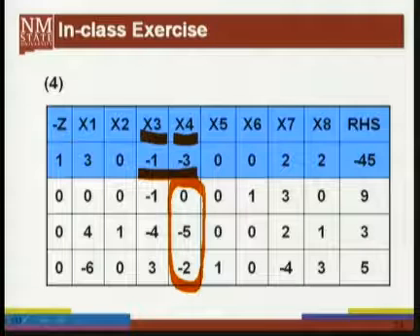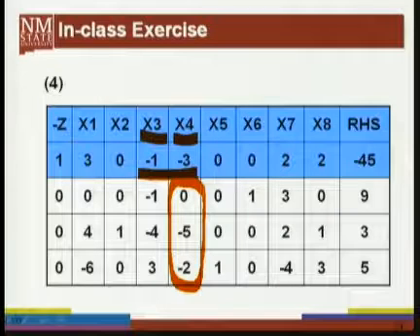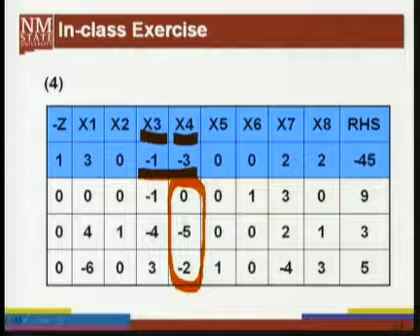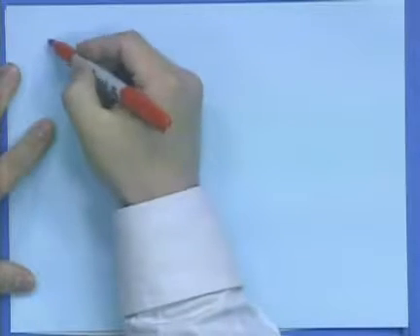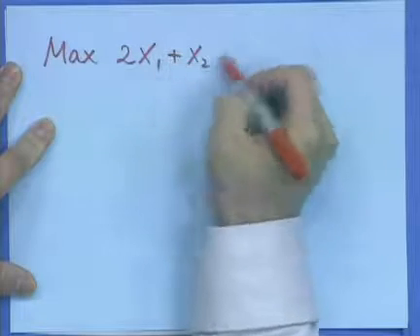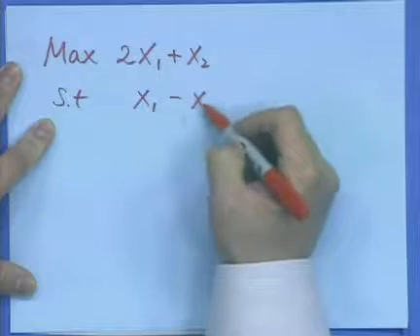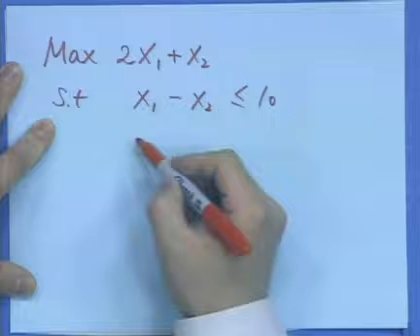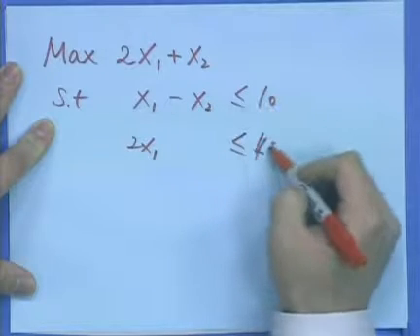Let me give you a simple example for this. Let's consider this case. For example, maximize 2x1 plus x2 subject to x1 minus x2 less than or equal to 10, 2x1 less than or equal to 40.